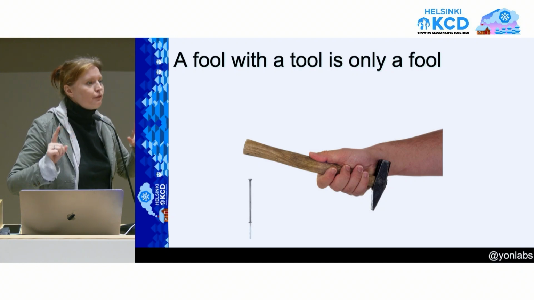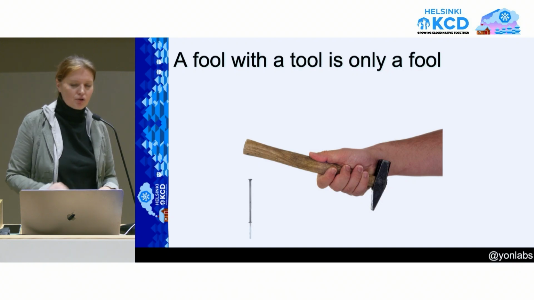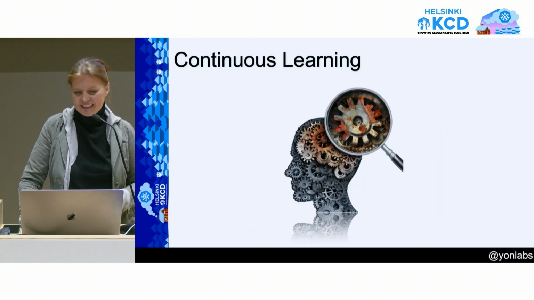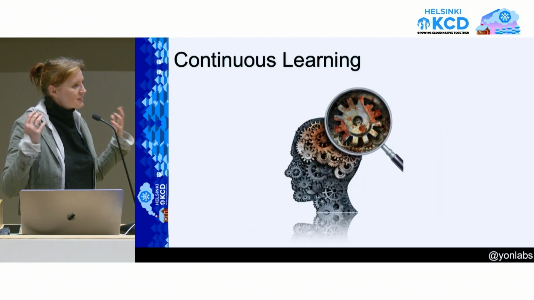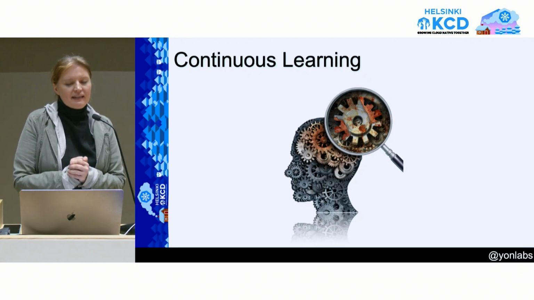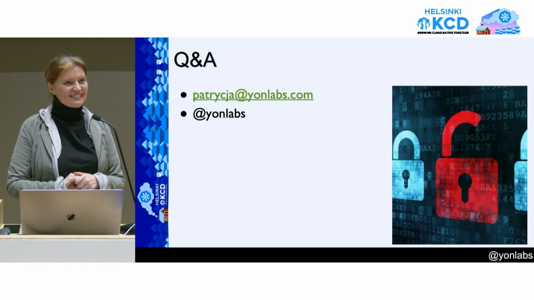Let's not be fools, and let's educate ourselves on Prometheus corner cases just to keep fighting with it, right? So it's all about continuous learning, and that's what conferences are for. Thank you for coming. Thank you for such an engagement.